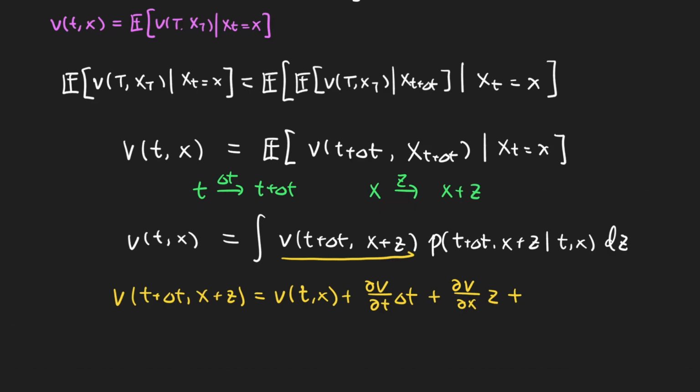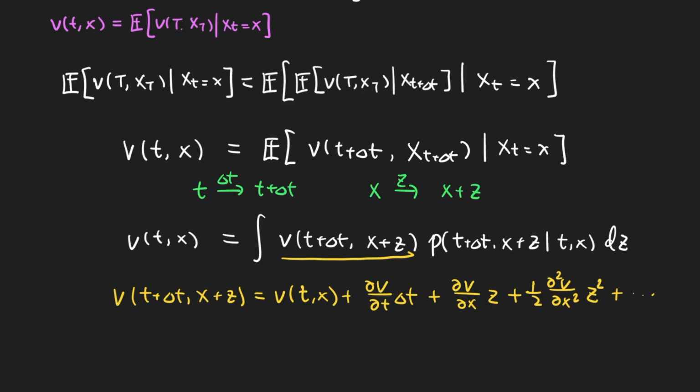Because we already learned Ito calculus, we know that only the position matters for the second order, so I'm not going to write the delta t term. I'm just going to write the one with respect to the position, plus all the other terms.